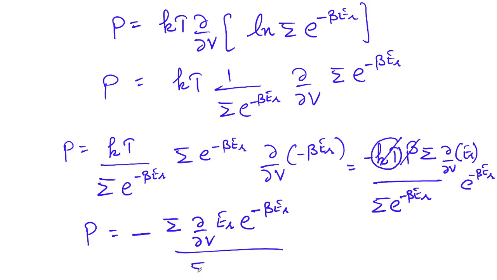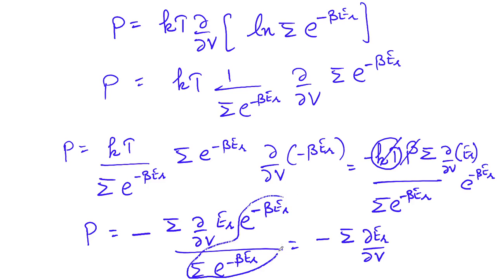So this is our equation, minus the summation of ∂E_r/∂V. This term, exponential of minus beta E_r over this partition function, is generally written as n_r star over N. So that is our probability function.